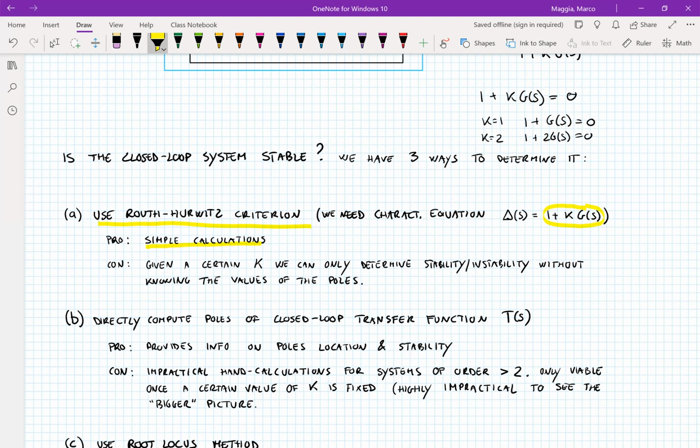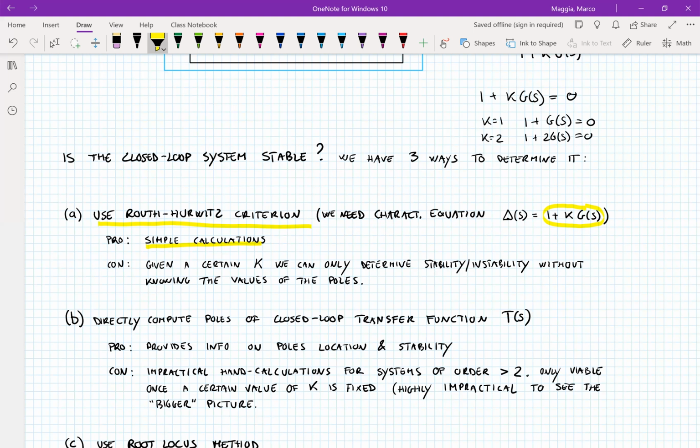We saw that in the last lecture. For K between 0 and 126, if I remember correctly, the closed loop system was stable. For values over 126, the system would be unstable.